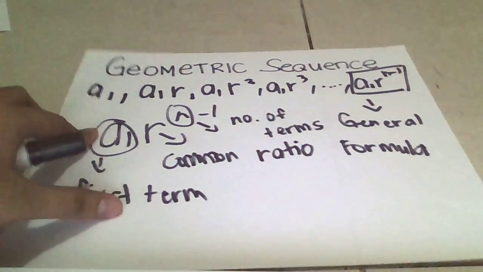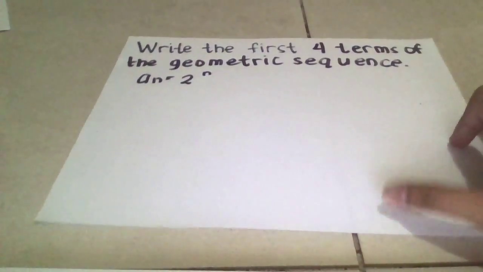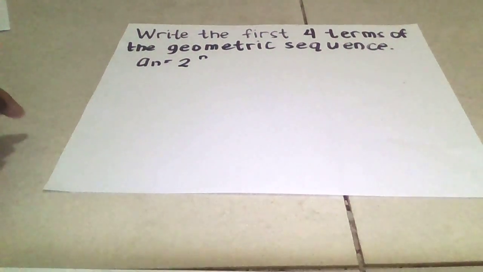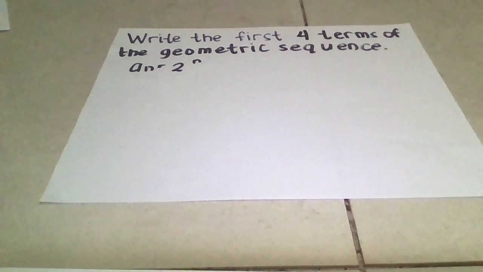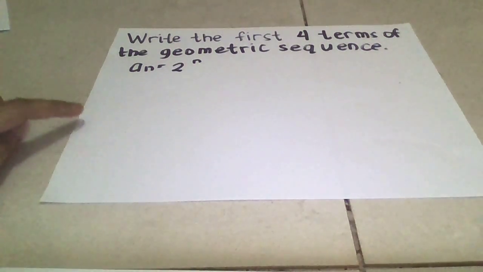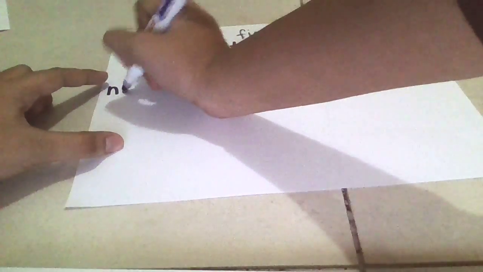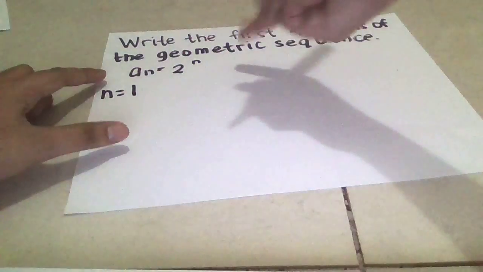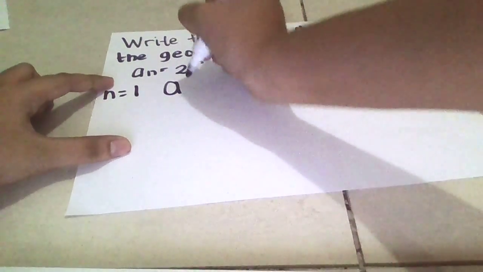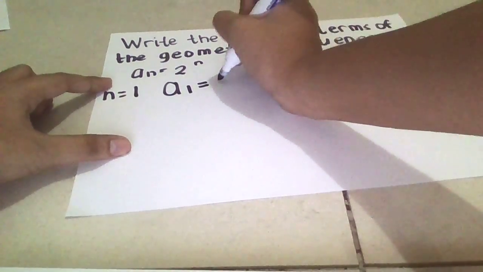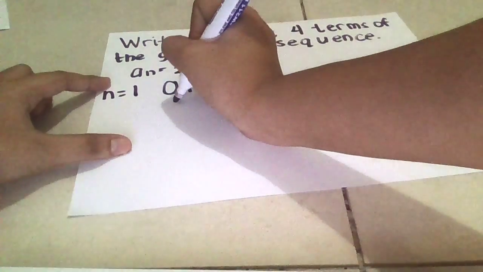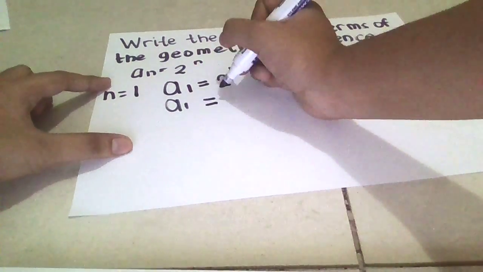I'm gonna give you an example. Write the first 4 terms of the geometric sequence a sub n is equal to 2 raised to n. So we're just gonna substitute n is equal to 1. A sub 1 is equal to 2 raised to 1, so a sub 1 is equal to 2.